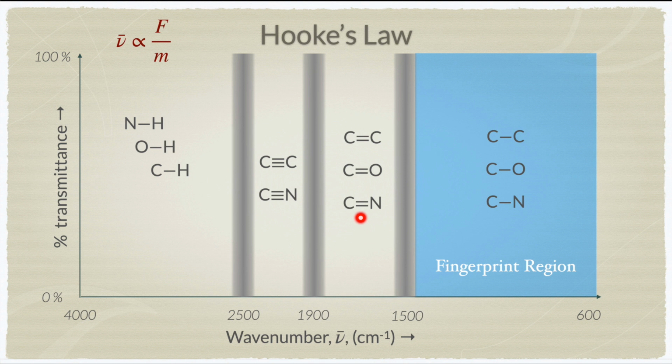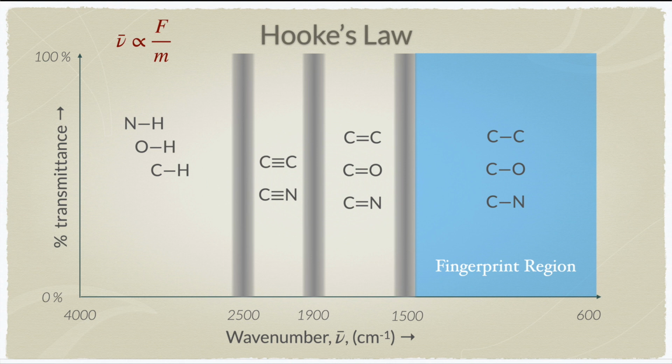Suppose you have the same, say, carbonyl group. All molecules having a carbonyl group have the possibility to have the same peak around this region. But in this region, they will have a unique pattern which will be different from others. So that is a very useful part, especially to compare two molecules. Suppose you have a molecule that is unknown to you, you take an IR spectrum and compare it with the old spectra that were known.